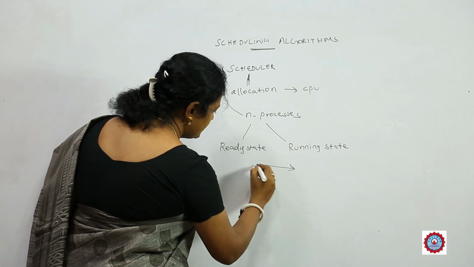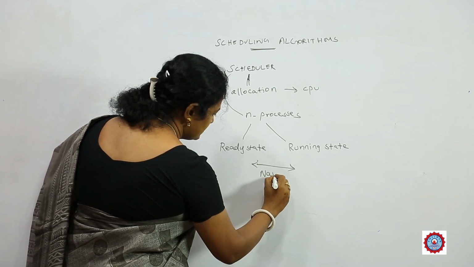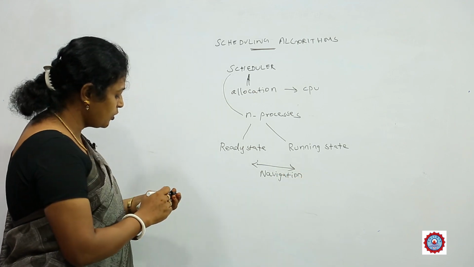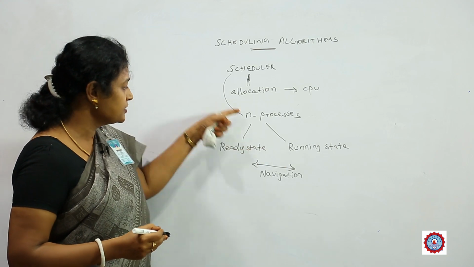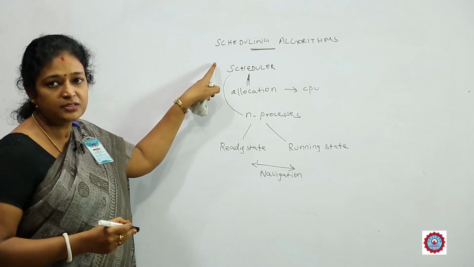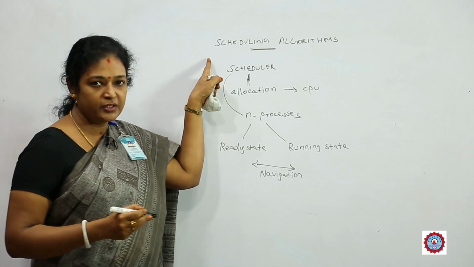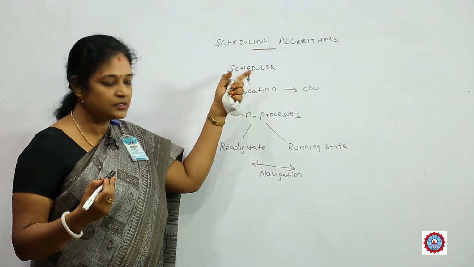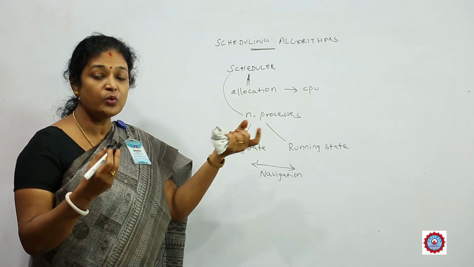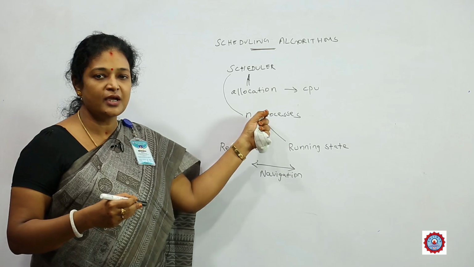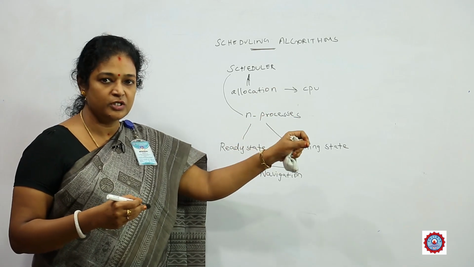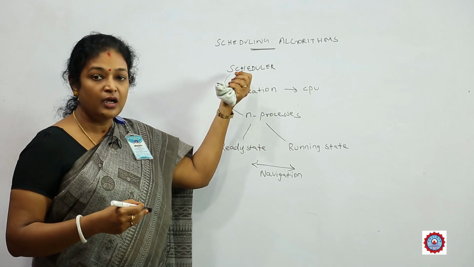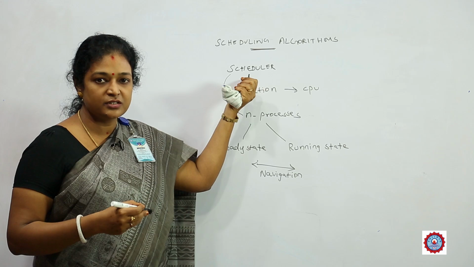So, this navigation from the ready state to the running state will be done by this special unit known as scheduler. How does the scheduler choose which process has to be allocated one by one to the CPU? That is the main task of this scheduler.